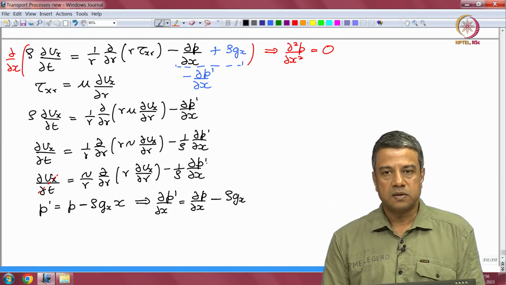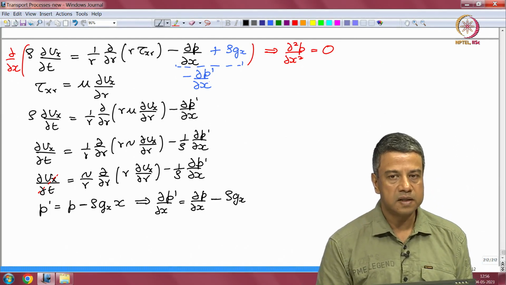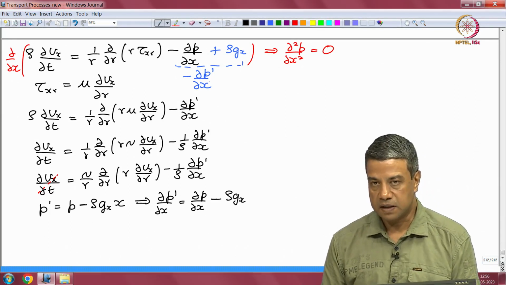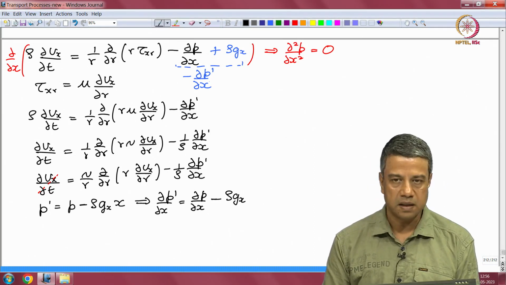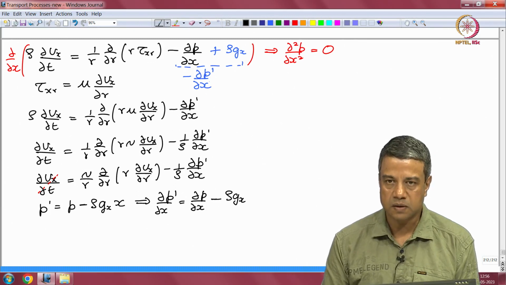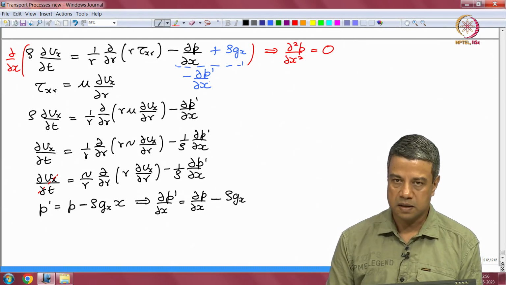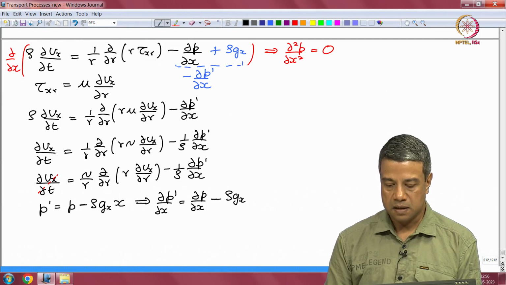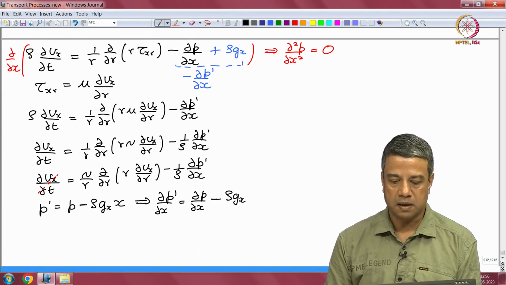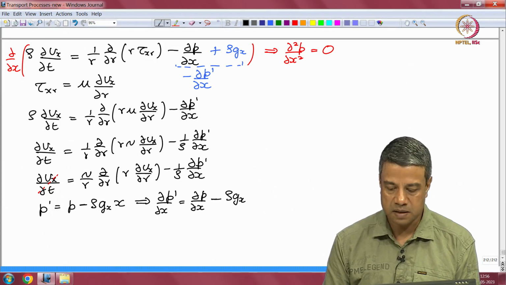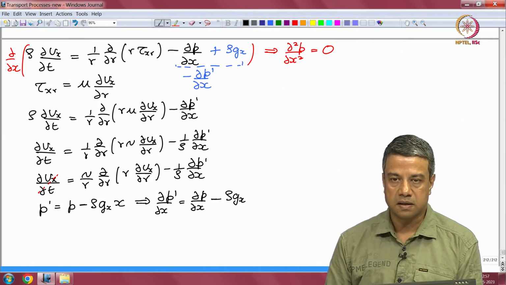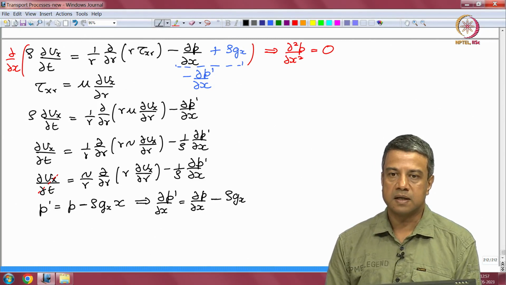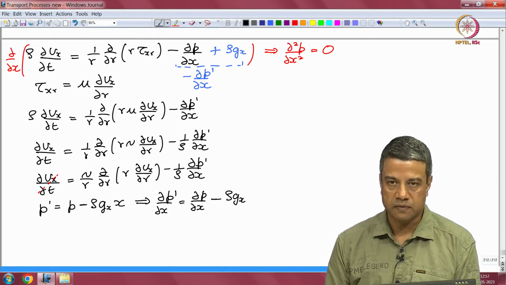So, in that sense this formulation is general. Even if there is a body force density, it can be incorporated into the definition of the pressure, and then the equation in terms of this corrected pressure p prime is still exactly the same as what we would have had if there were no body force density.